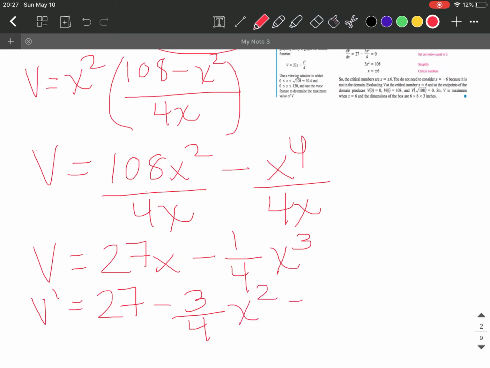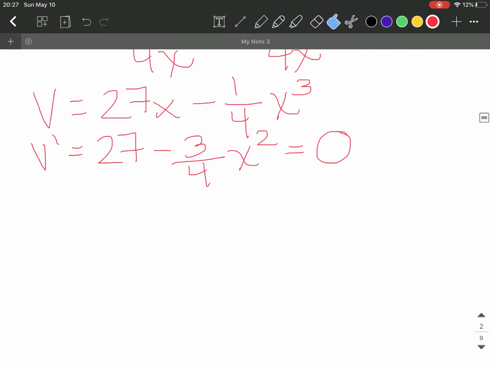That's my derivative. I make it equal to 0, and then I solve. 27 over to the other side. So 27 divided by 3/4. So I times 4/3.